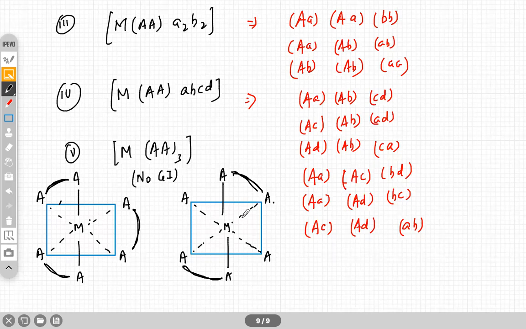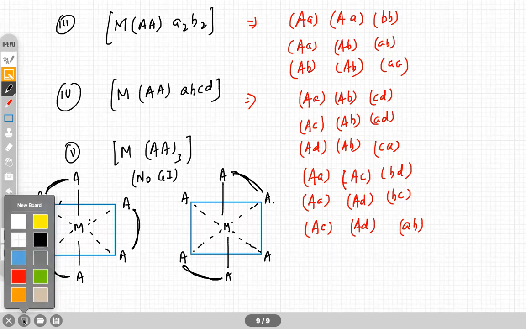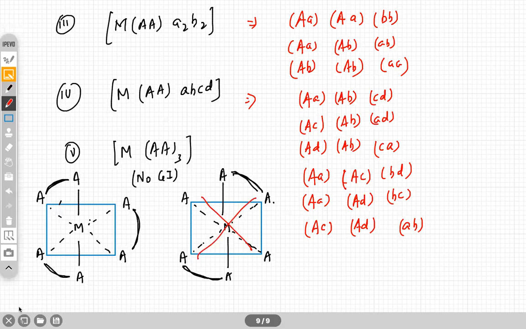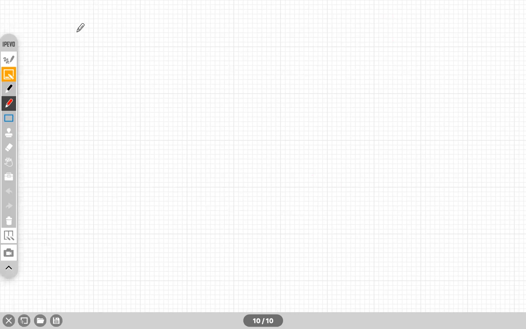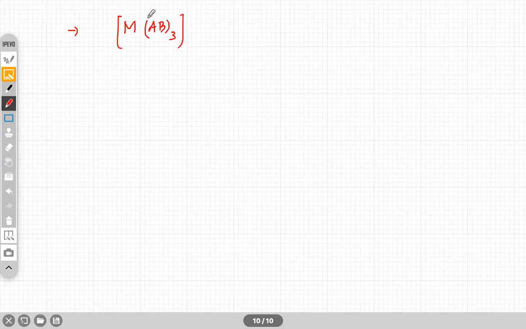But why I have done this, if you look at this molecule, so this is not possible. So let me just remove it. It is not possible. But if you look at this molecule here, if I take an unsymmetrical ligand, which is nothing but this, MAB3 type. In this, is it possible?